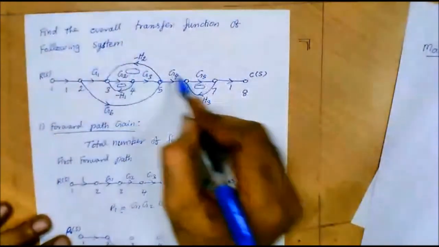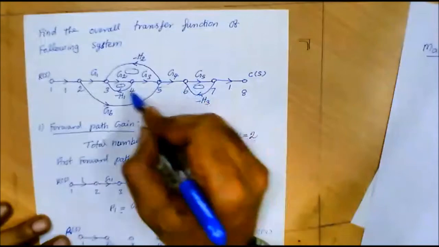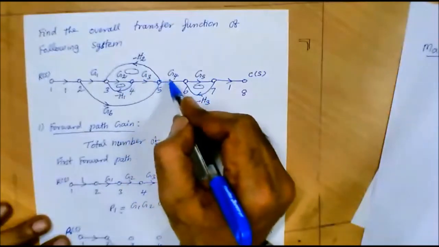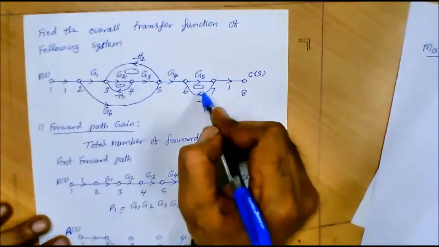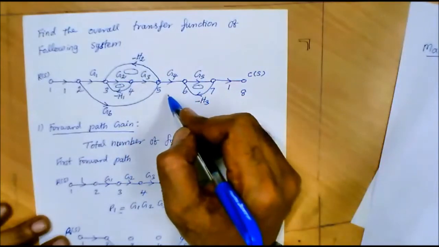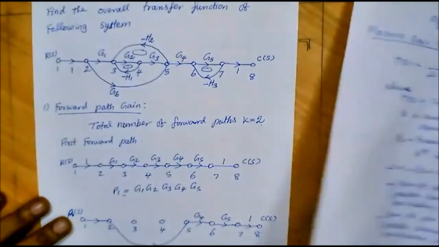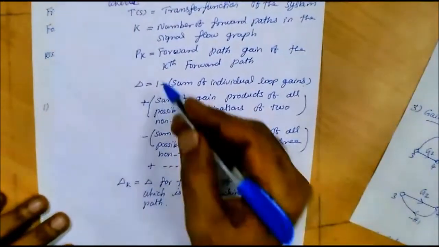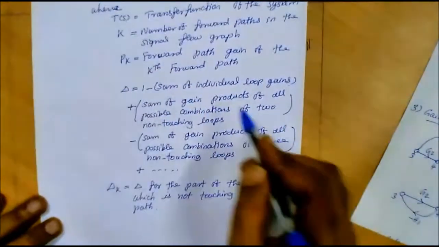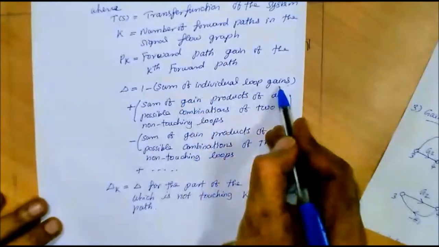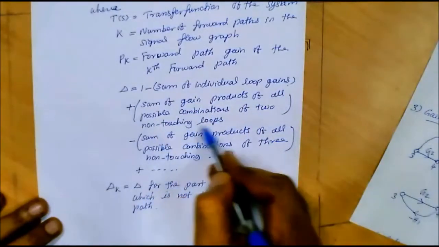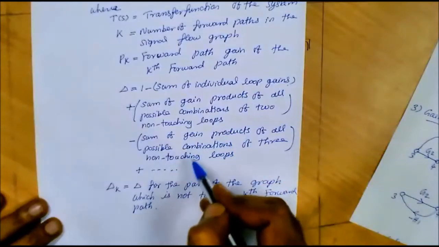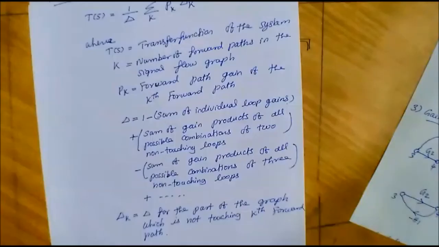From the given signal flow graph, we have three loops, but three loops are not non-touching. So we cannot take three non-touching loops, so we can leave the third component. To calculate the value of delta, we need the sum of individual loop gains and sum of gain products of two non-touching loops. We don't need the third value.